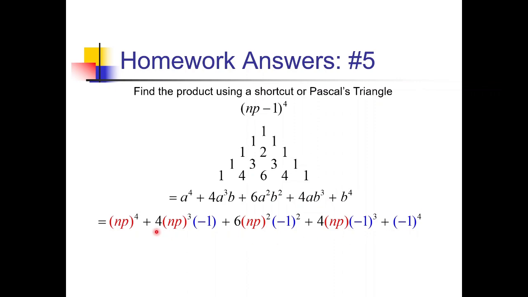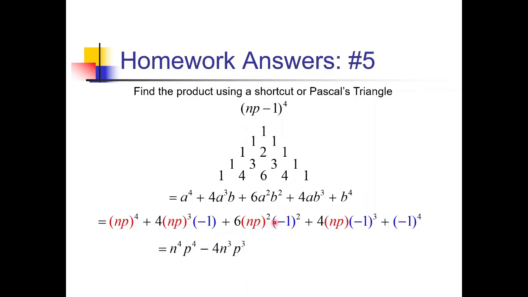All right, let's carefully evaluate each of these to simplify it. So if we have multiple things being multiplied in here with an exponent, everything gets the exponent. So we have an n to the fourth and a p to the fourth. For this next one, we have 4 times negative 1, which is negative 4. And then that's an n cubed p cubed to go along with that.